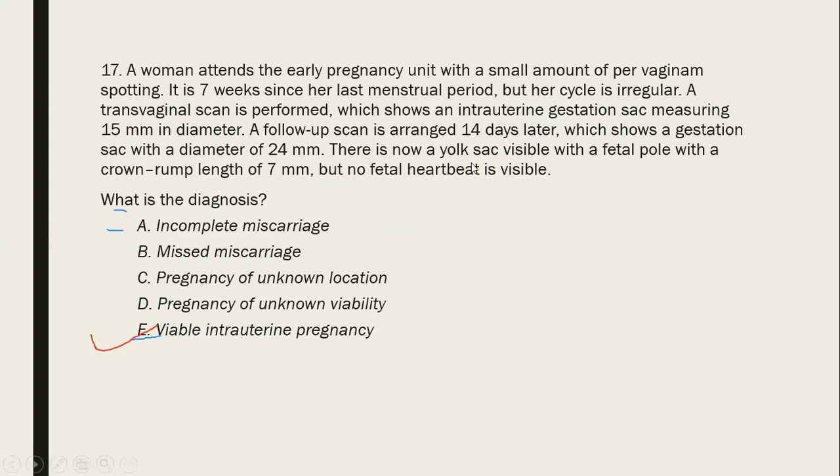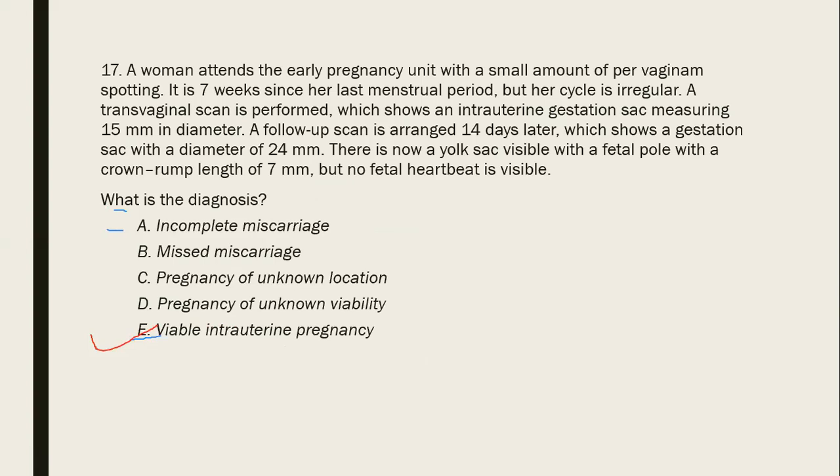A woman attends the early pregnancy unit with a small amount of per vaginal spotting. It is 7 weeks since her last menstrual period, but her cycle is irregular. Transvaginal scan is performed, which showed an intrauterine gestational sac measuring 15 millimeters in diameter.